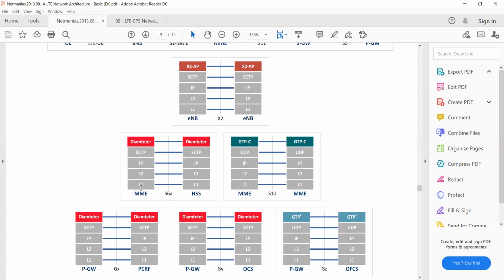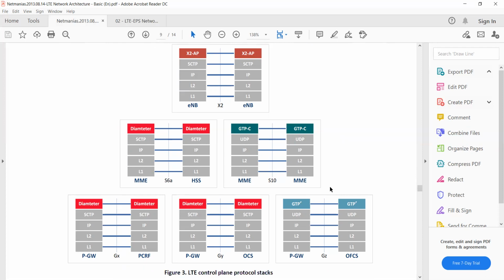Each and every layer is responsible for some function. And you can draw MME to MME stack. The others are not needed; those are required in core network testing, EPC testing. So MME to HSS and MME to MME, you can draw.